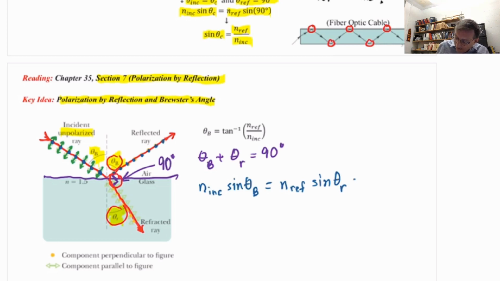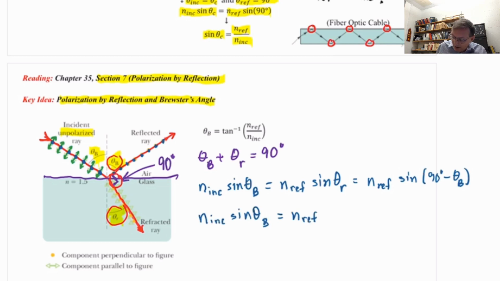But that's n refracting sine of theta r, which is 90 degrees minus theta b, yes, because of that constraint. So n incident sine theta b must equal n refracting, well, it turns out sine of 90 degrees minus theta b is equal to the cosine of theta b.